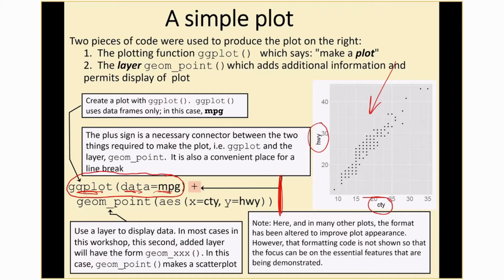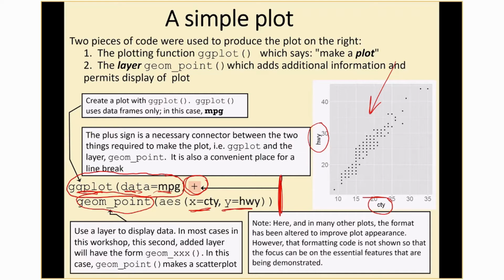And then we're going to add as a layer, we're going to see that ggplot2 is a layered language, we're going to add as a layer this thing that's a geom. And it's a particular type of geom. It's a geom_point. And a geom_point is going to make a scatter plot. And there's some additional information here that tells us what goes on the x and y axes.